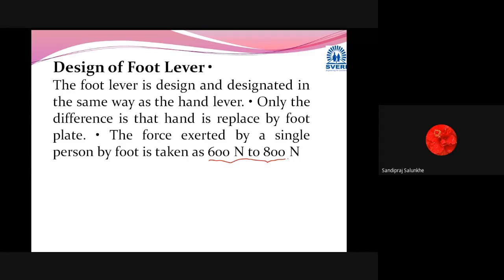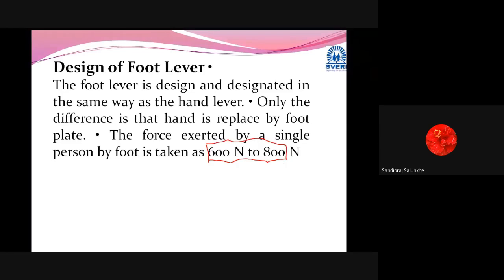Now when we are going to see the actual problem, in that problem statement, if it is written that it is a foot operated lever, they are going to give us how much load we have to consider for that particular lever. Okay, and if it is not given, basically it will not happen, because in our exam we are going to have well-defined problems where we don't have to assume more data.